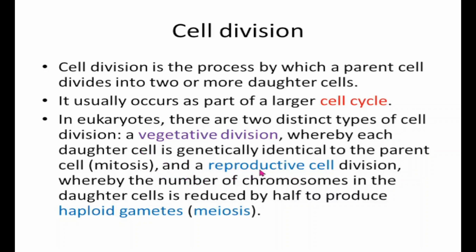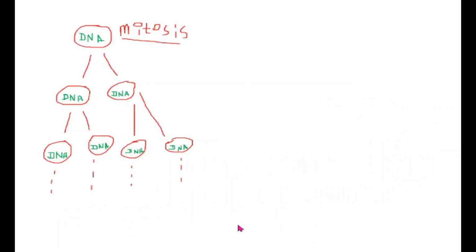The other kind of cell division is reproductive cell division, which is important for reproduction of organisms, whereby the number of chromosomes in the daughter cells is reduced by half to produce haploid gametes. This we call the process of meiosis.